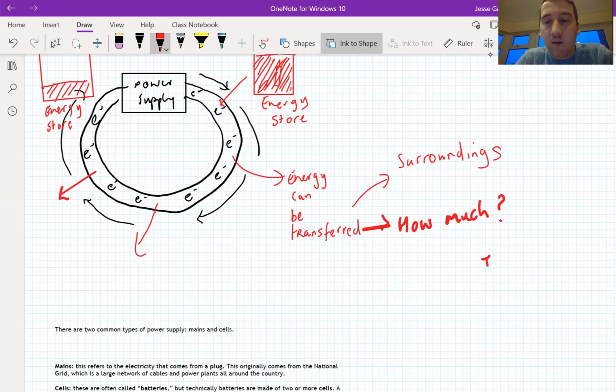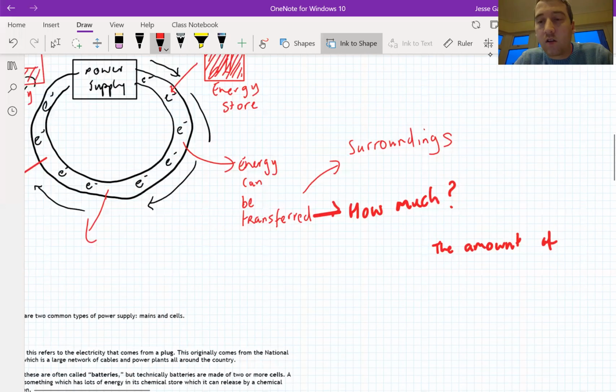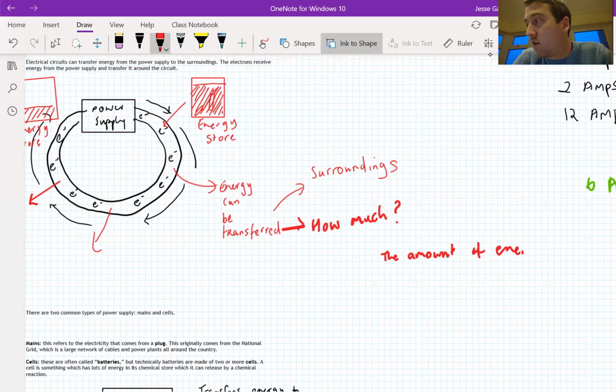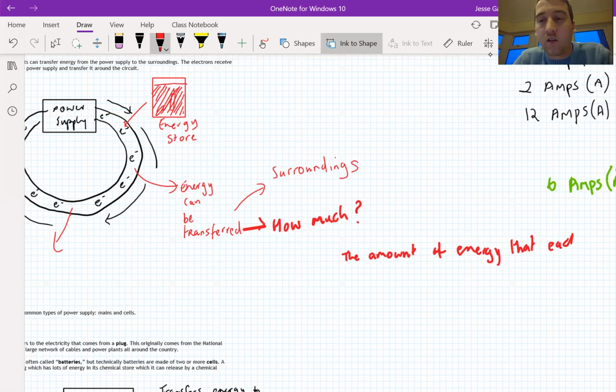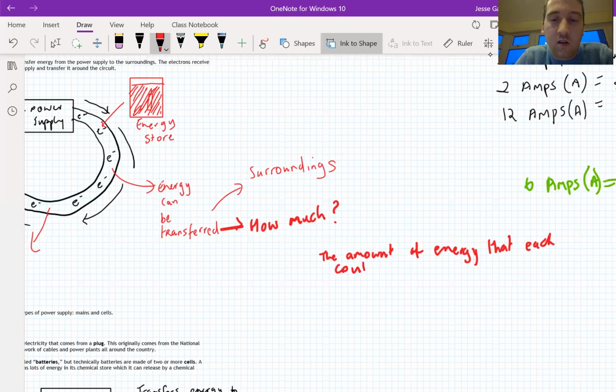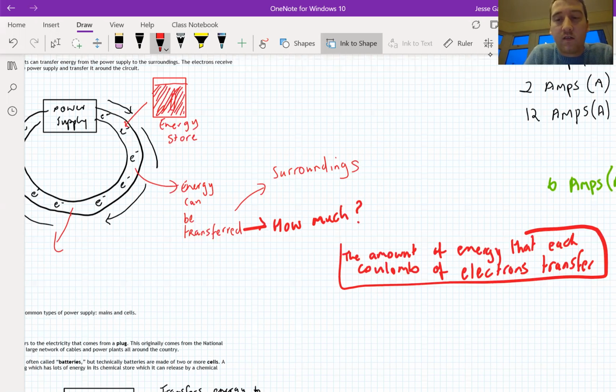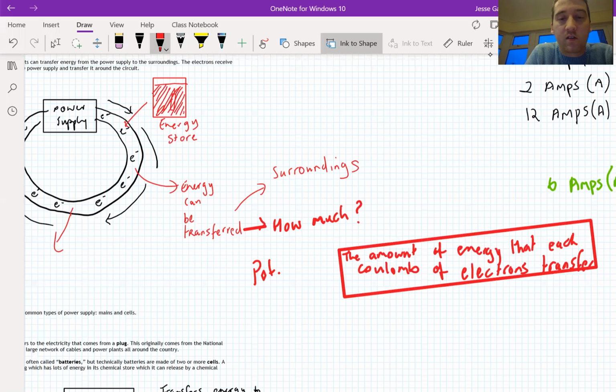So if we talk about the amount of energy that can be transferred, the amount of energy that each coulomb of electrons transfers, so every coulomb going past will transfer energy, this is what we refer to as the potential difference.